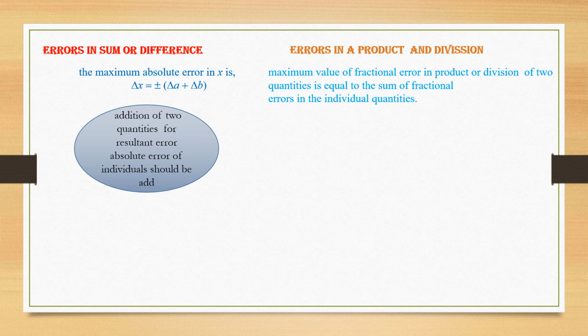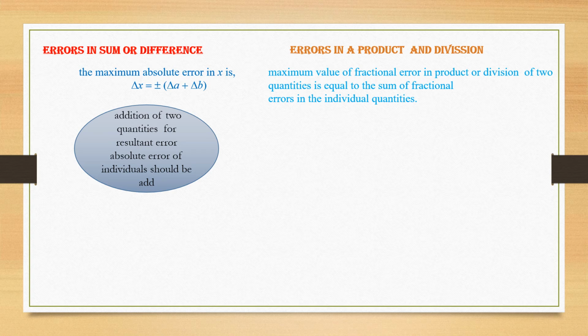For sum or difference, we add absolute errors. For product or division, the fractional error is the sum of the fractional errors of the individual quantities.